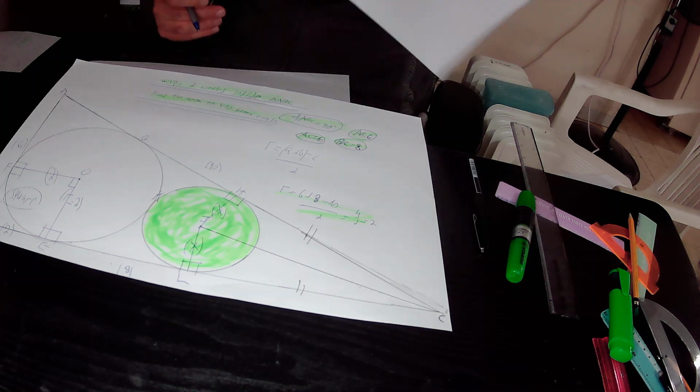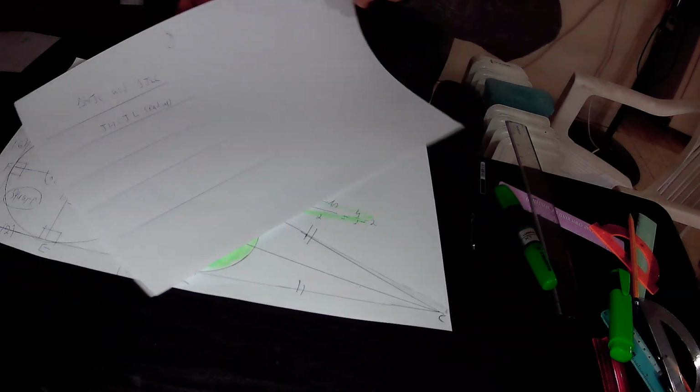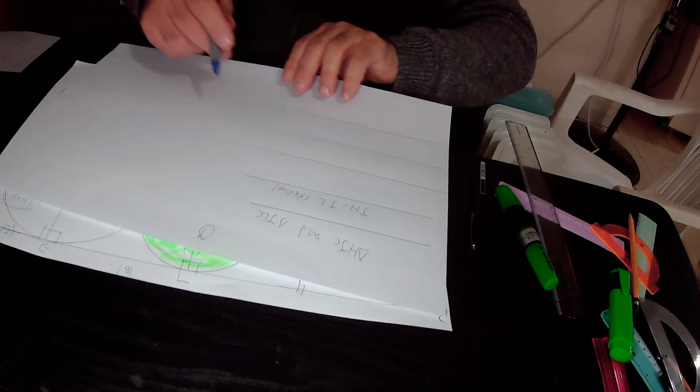Again, JL equals JL, they are both radii of the circle equal to x, and therefore they are equal to each other.